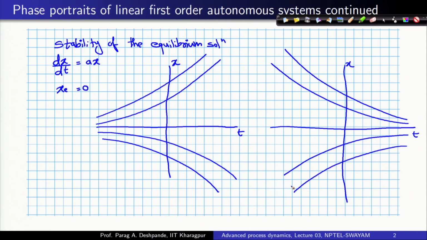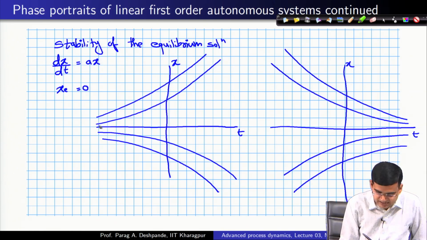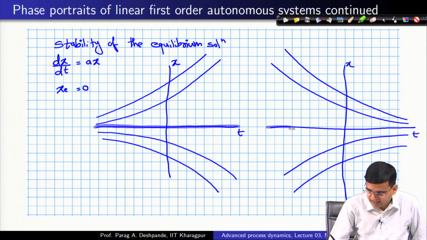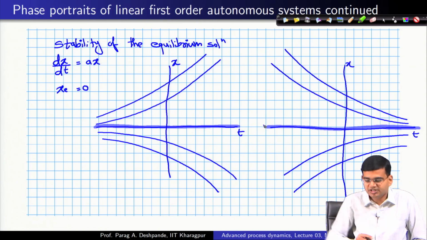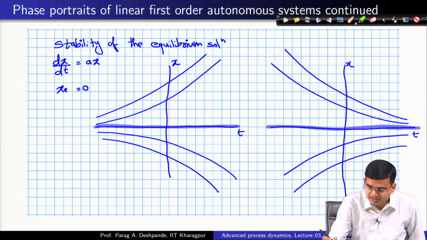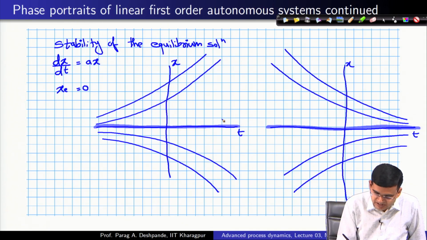And what is the equilibrium solution? The equilibrium solution goes like this, this is the equilibrium solution, right? x = 0, this is the equilibrium solution. So, therefore, in this case you see that the system is moving.